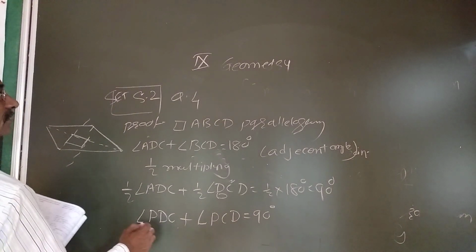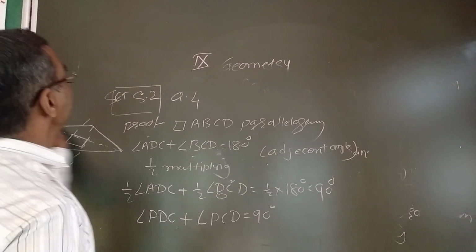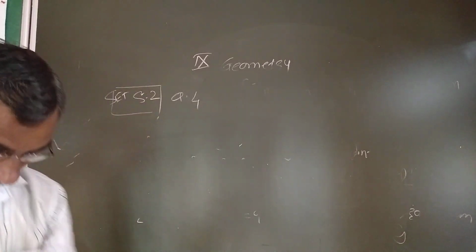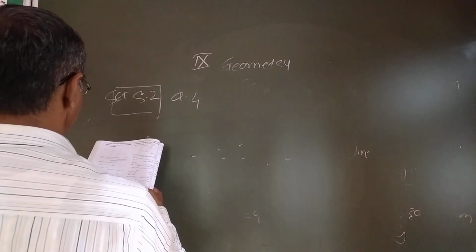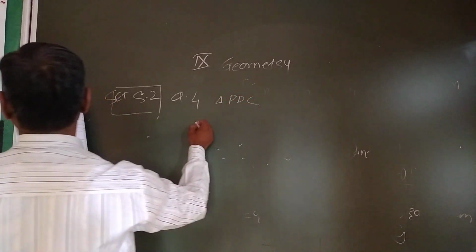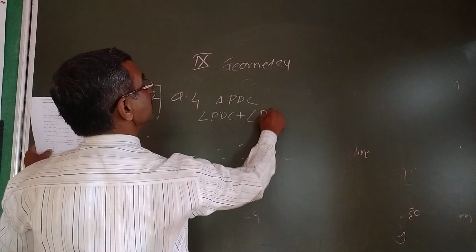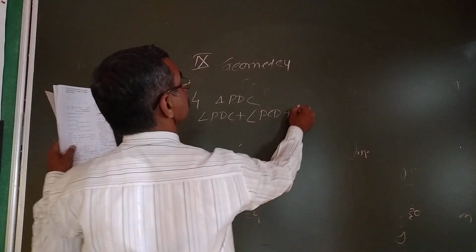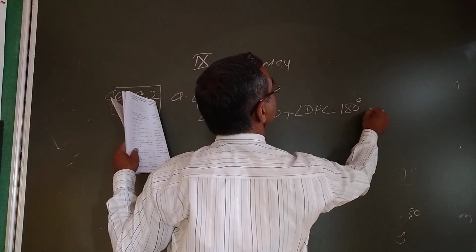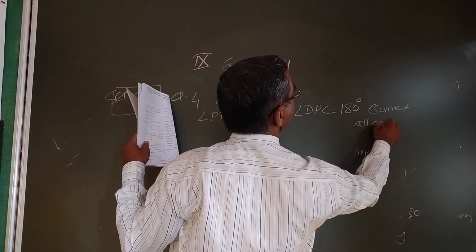So in a triangle, here we are taking triangle PDC. The sum of all angles PDC plus PCD plus DPC is equal to 180 degrees. The reason is the sum of all angles of a triangle.